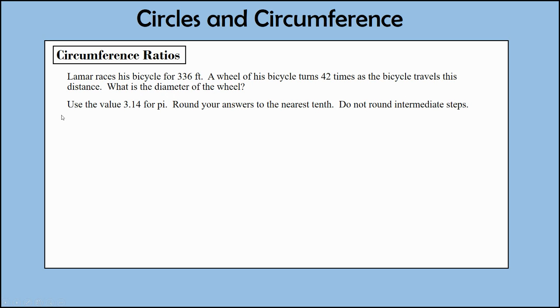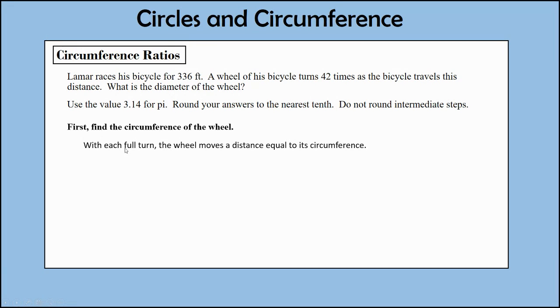All right, the first thing we have to understand is we have to find the circumference of the wheel. And the idea here is if you have a wheel and you roll it, the distance that it moves in one revolution is the circumference of the circle. It's just like unwinding the circle. So every revolution of the tire along the ground is a distance of circumference.